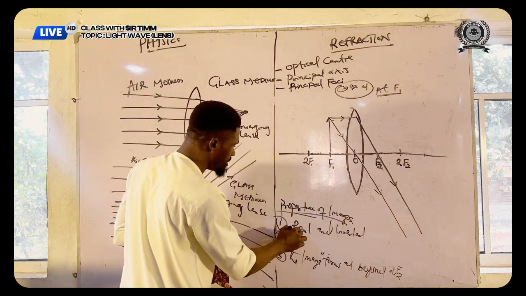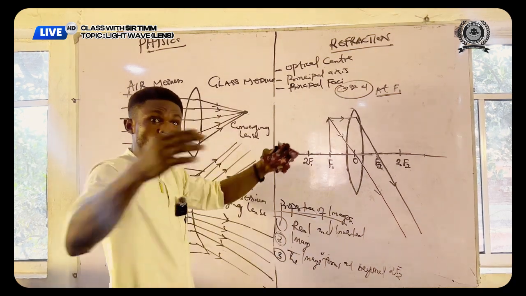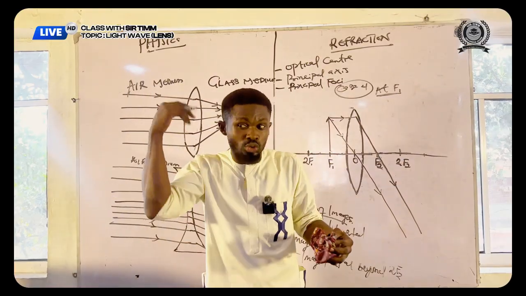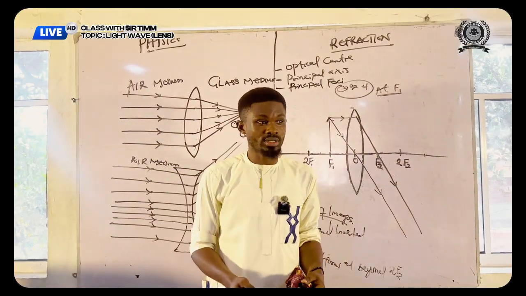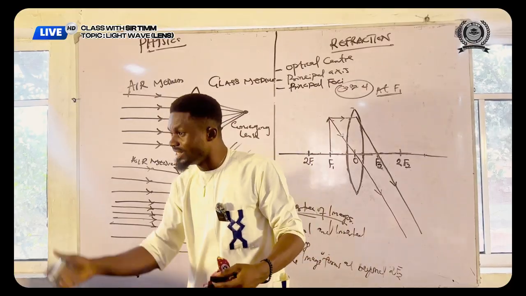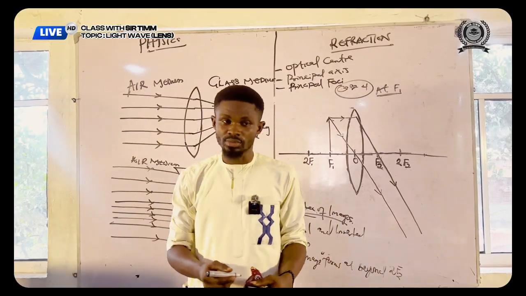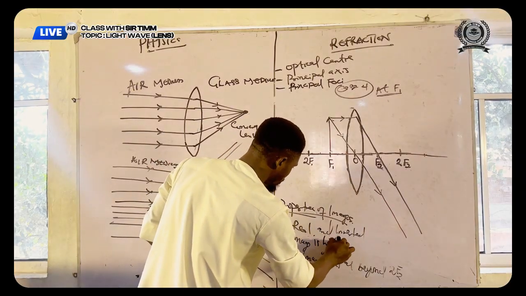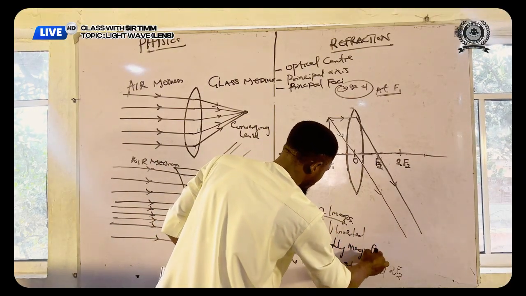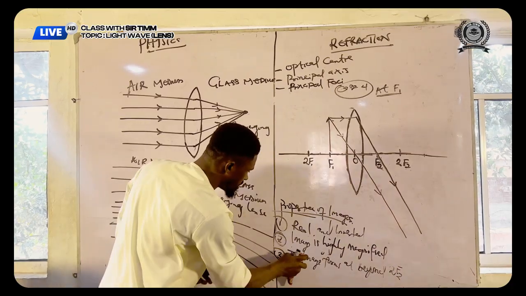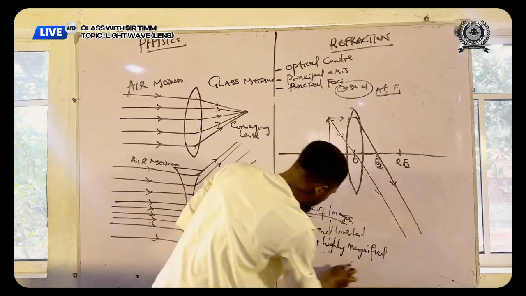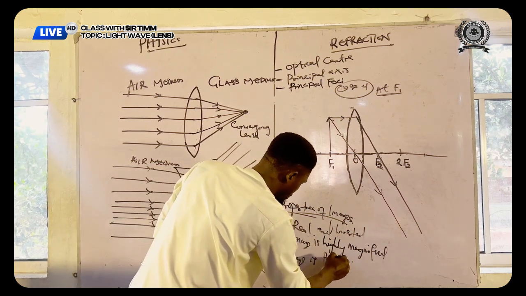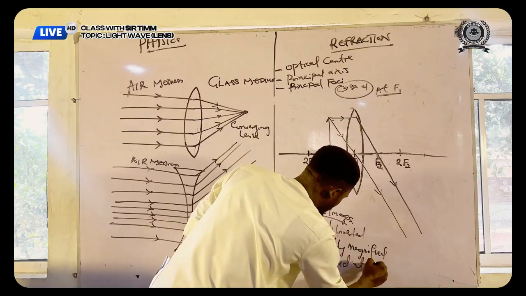Image at infinity is always highly magnified, because it's at infinity. It can be as big as you can think of. Am I communicating? Once there is no barrier that will hold it, they will continue moving. Are you with me? I am. Good. So the image is highly magnified. The last but not the least, image is formed at infinity.